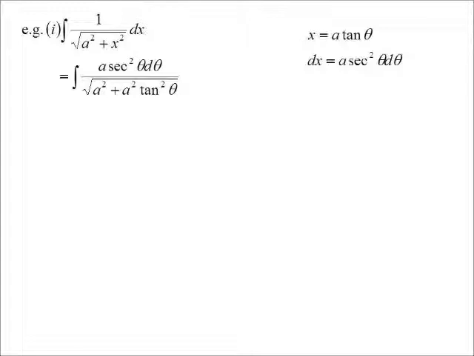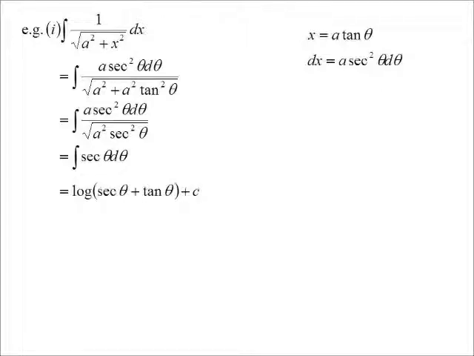So substituting in the dx is a sec squared theta d theta. a squared plus x squared becomes a squared plus a squared tan squared, which is a squared sec squared. Square root of a squared sec squared is a sec, and the a's will cancel, leaving me with the integral of sec theta. And we've seen now that the integral of sec theta is the log of sec plus tan.